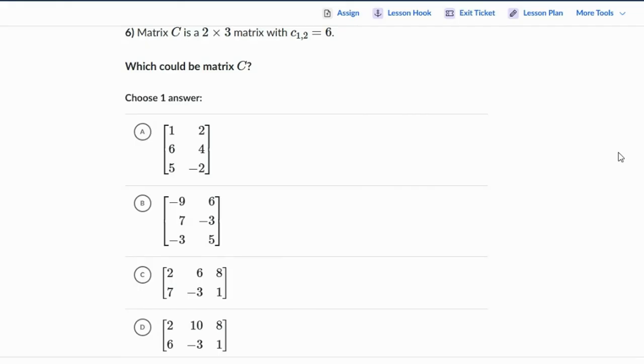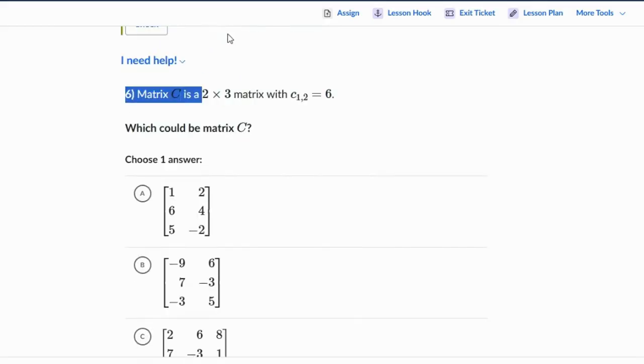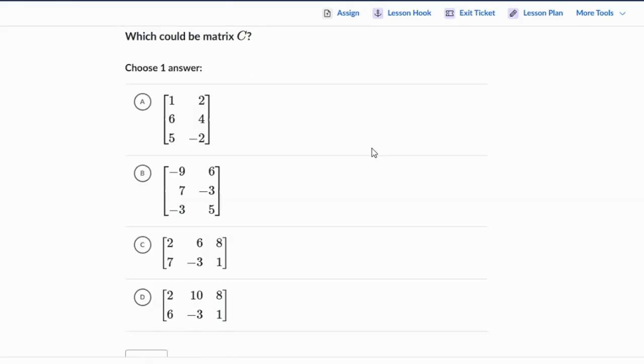All right. When we look at it, the first thing we have to see is which ones are 2 by 3 matrices. Well, A and B are both 3 by 2. So both of these can be eliminated immediately because they do not meet the right dimensions. It's a 2 by 3, not a 3 by 2.